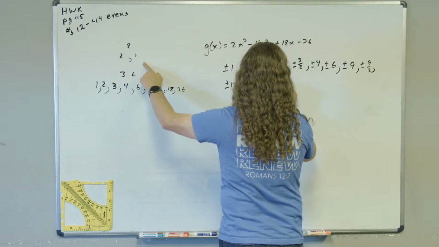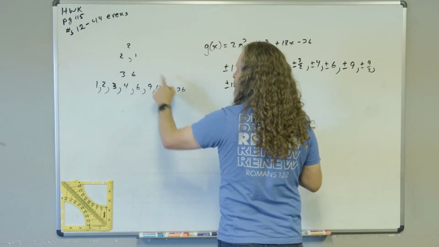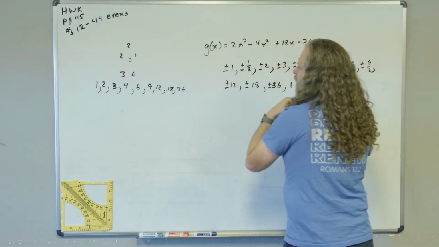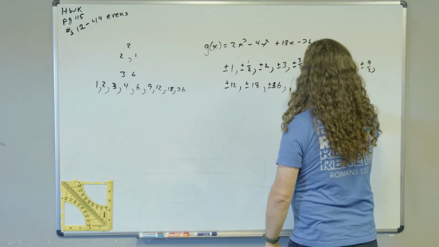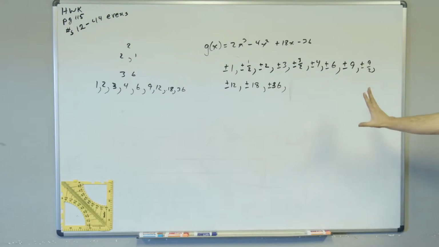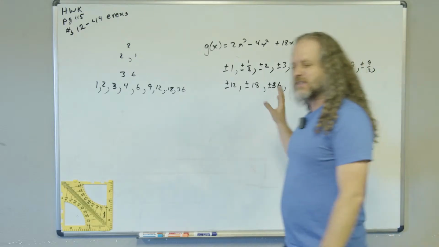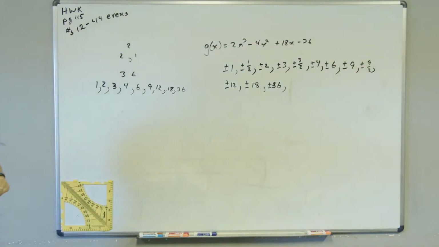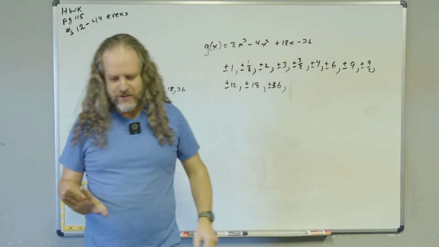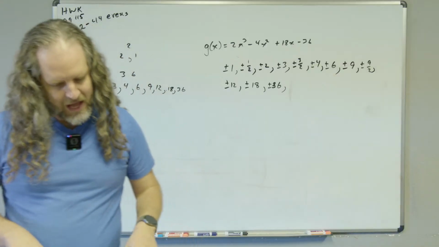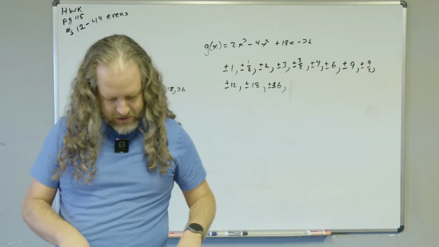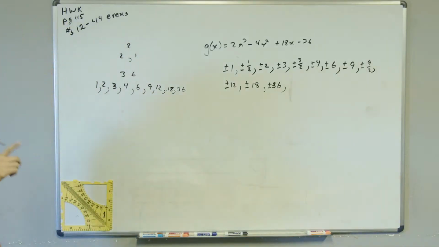And 36 divided by 2 is 18, we already have it. So that is all of the possible rational zeros. Any one, some, all, or none of those could be rational zeros. The rest of the instructions for this problem say to list all the possible ones, then determine which, if any, are zeros.